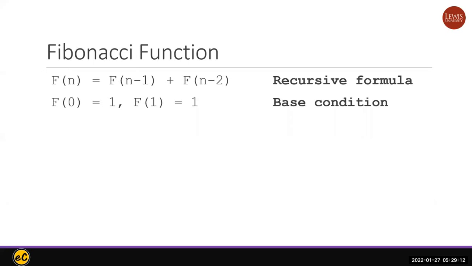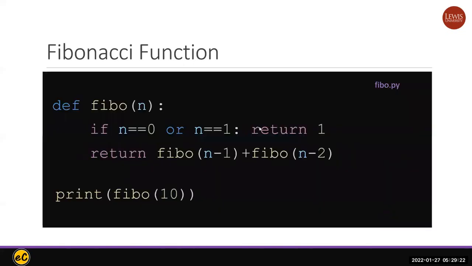Here we have a Fibonacci function, and it is using this recursive formula and base formula. When n equals 0 or n equals 1, we return 1. Otherwise, we return Fibonacci of n minus 1 plus Fibonacci of n minus 2.